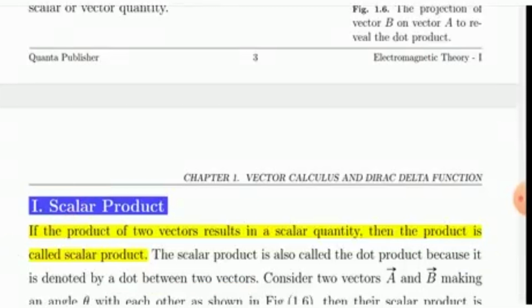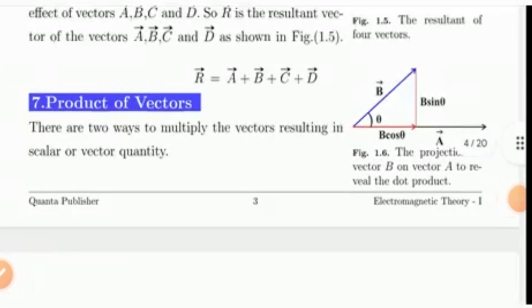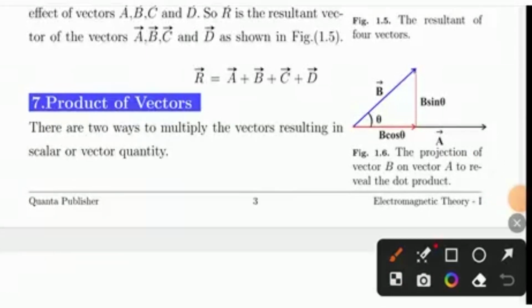First of all, come to this diagram. Here is a vector A along the x-axis, and there is a vector B along this direction.